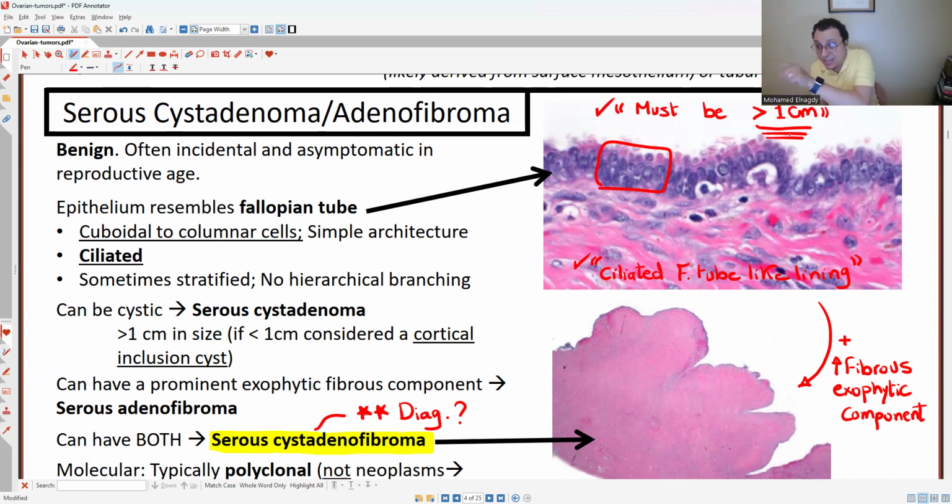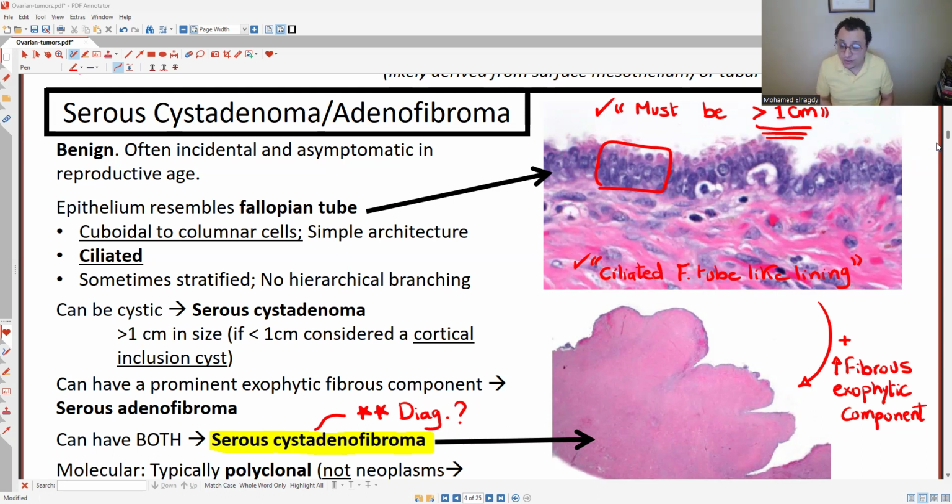Because if the same exact lining is existing in a cyst which is less than 1 centimeter, what do we call it? Anybody can jump in? Cortical inclusion cyst. We'll call it benign cortical inclusion cyst, right?